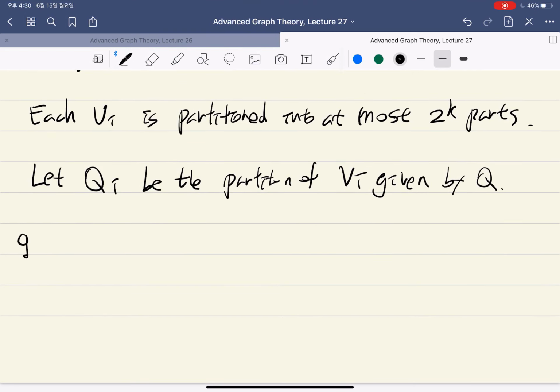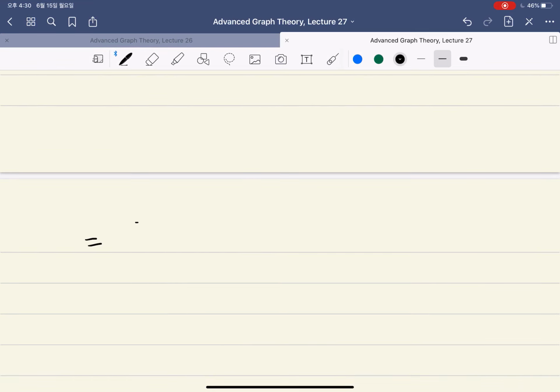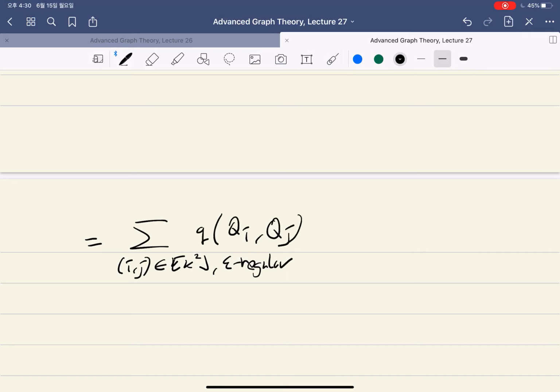Then the energy of Q is the summation over all pairs i, j in k of the energy between Qi and Qj. This can be partitioned into 2 cases, where Qi and Qj are epsilon regular, or Qi and Qj are not epsilon regular.